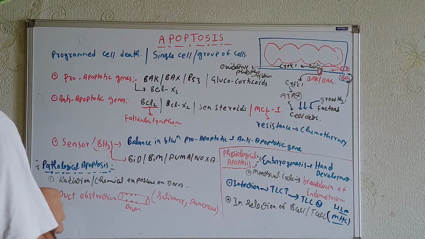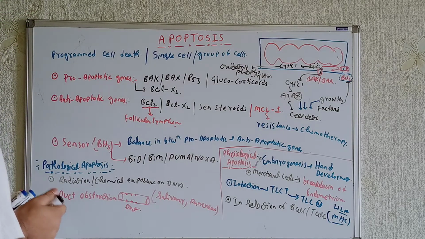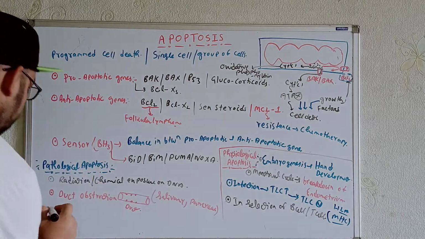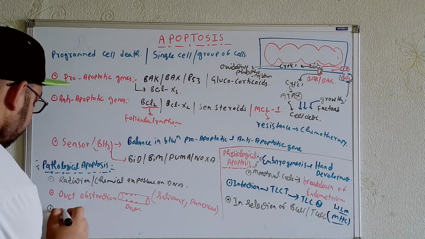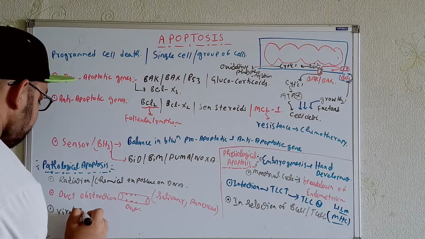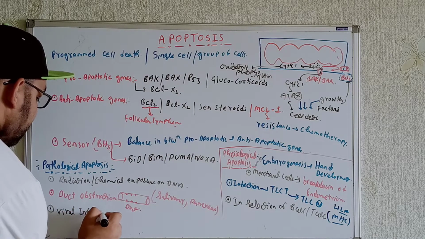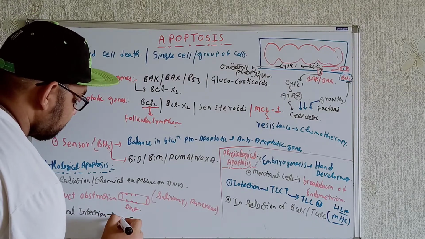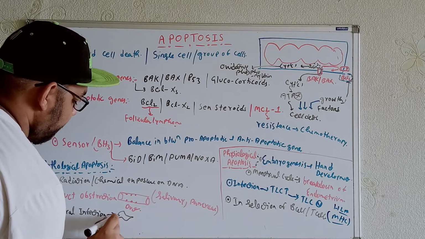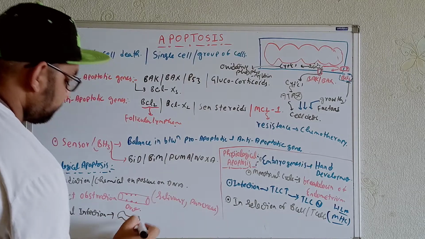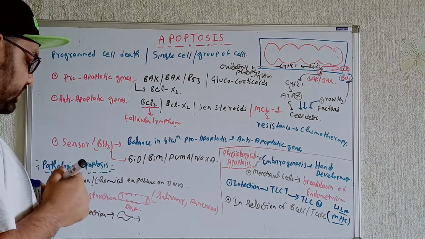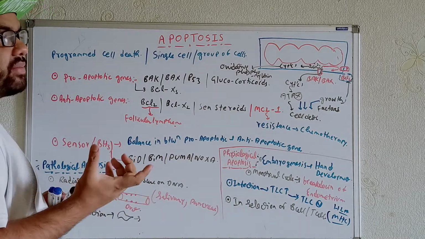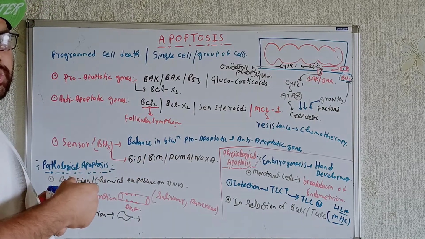Then we can also see pathological apoptosis in terms of some viral infections. For example, if we talk about the liver, under histopathological conditions, if we look under the microscope, we can see some cells that are going through the apoptosis process.